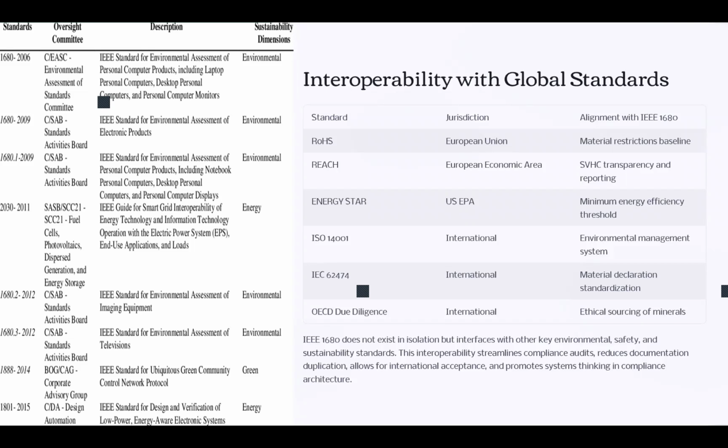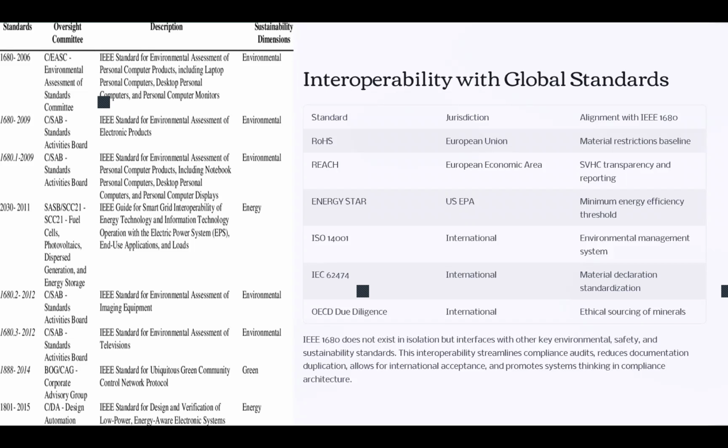It is an international framework for environmental management systems, and it aligns well with the corporate responsibility expectations of IEEE 1680. When we talk about declaring the material content, IEEE 1680 points to IEC 62474. That is the international standard for reporting materials in a consistent and traceable way.